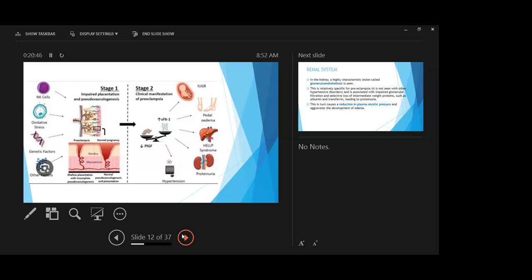So if you have to screen someone for preeclampsia, screening starts actually with the history. Those women who are more likely to develop preeclampsia are candidates for screening. We'll come to that later. I'm sure you are going to tell us that. This kind of screening would be helpful in identifying the women who are developing these issues, so that some corrective measures can be taken at that time.